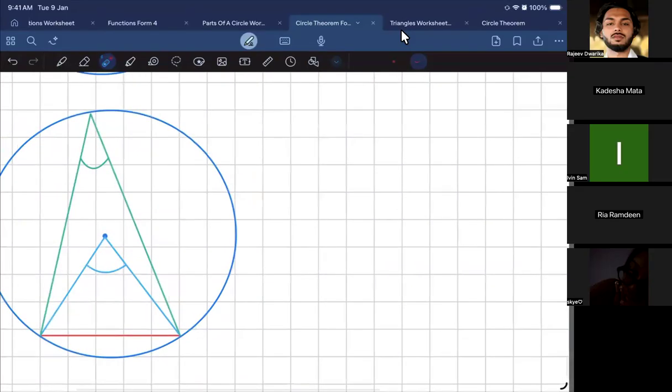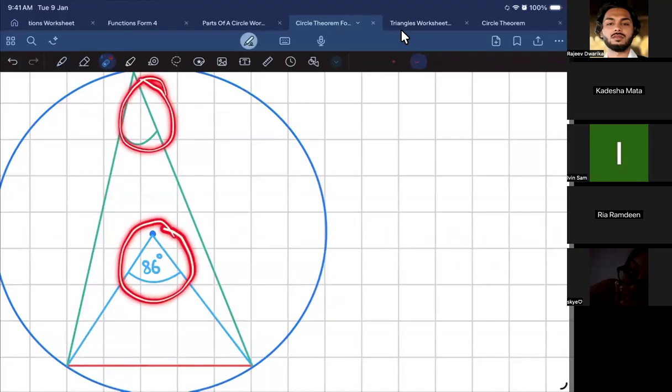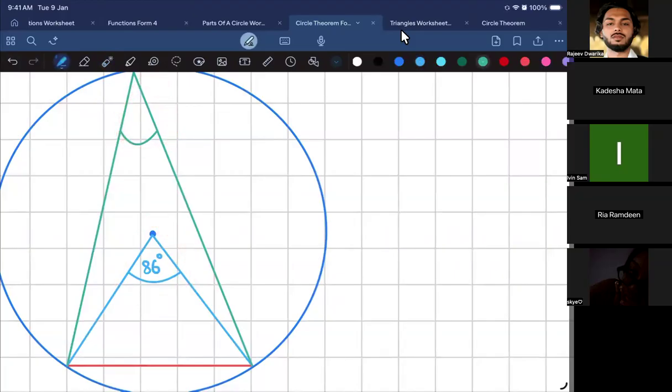Let me write the appropriate theorem and give an example. Sky, how many degrees does this look like? About 80 something. Let me say 86. According to this theorem, if this is 86 degrees, how much should this be?